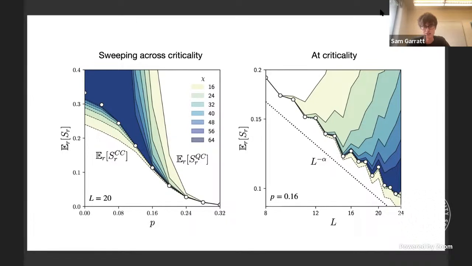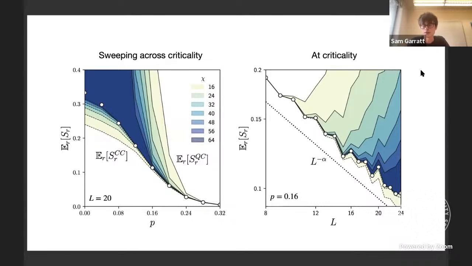I'm not trying to detect where the transition is using SCC. If you wanted to detect where the transition is using a purely classical simulation, there are better ways to do this. Actually P equals 0.6 was estimated by Aidan Zabalo and collaborators in a work a few years ago. But yeah, the point is that if you wanted to detect the transition with a purely classical probe, there are better ways to do it than using SCC.